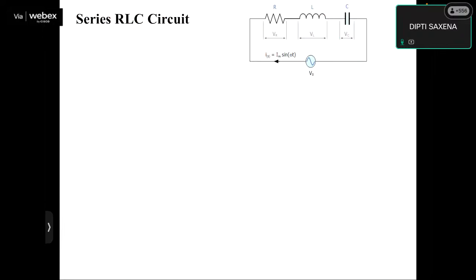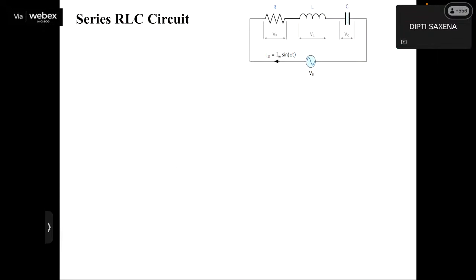Now come to the RLC circuit. This sinusoidal voltage source is applied across the combination of R, L and C in series. So the phasor voltage Vs will be equal to the phasor sum of the voltage across R plus the voltage across L plus the voltage across C. What is the voltage across R?